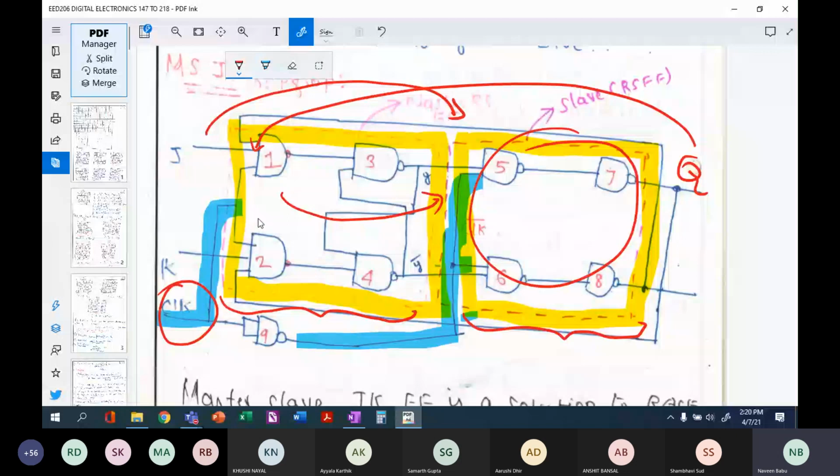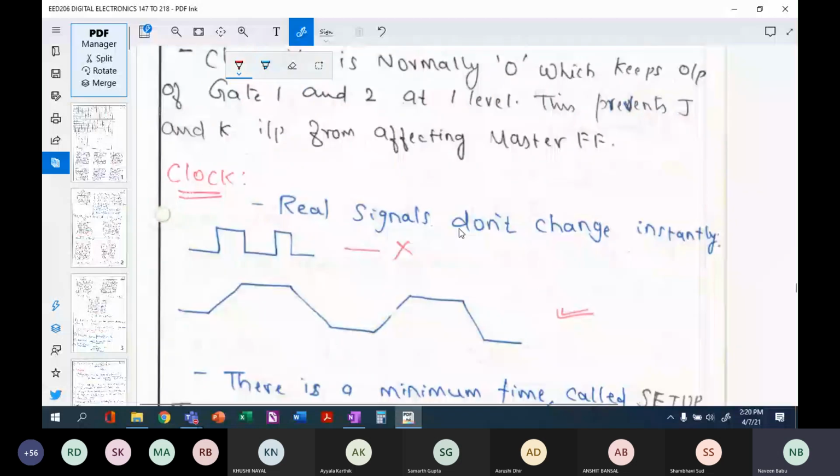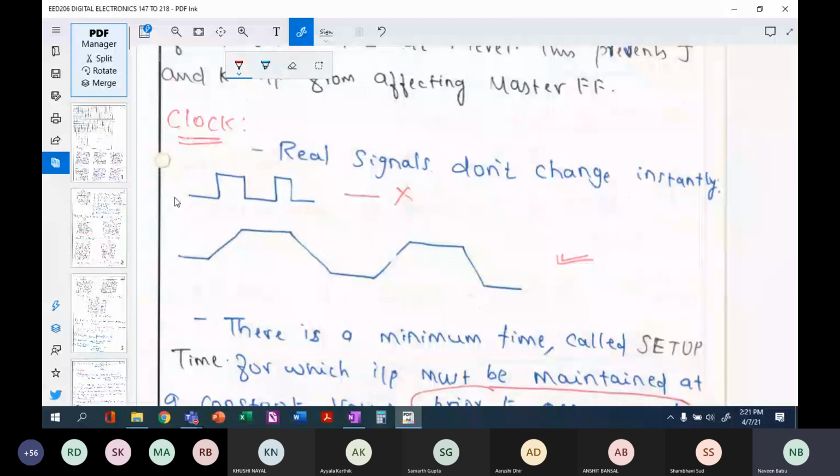Now coming to the characteristics of a clock, as you see here, it will not be a perfect square pulse. There will be some kind of trailing edges here. So the real signals do not look like this, but rather look like this, which means that this transition from 0 to 1 will not be very straight. Please remember that this is the time scale.